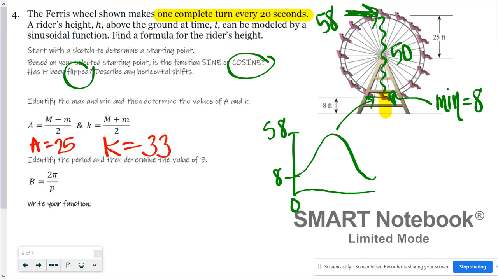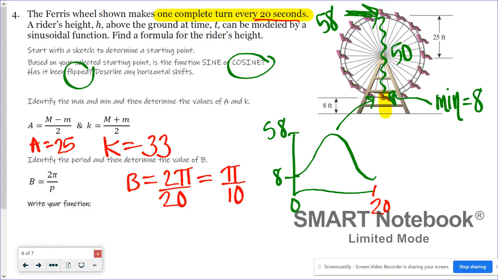Now identify the period. They actually gave this to us. They said one complete turn happens every 20 seconds, so you'll return to the bottom after 20 seconds. Now I just need to calculate my value of b. So 2 pi divided by 20 is pi over 10.